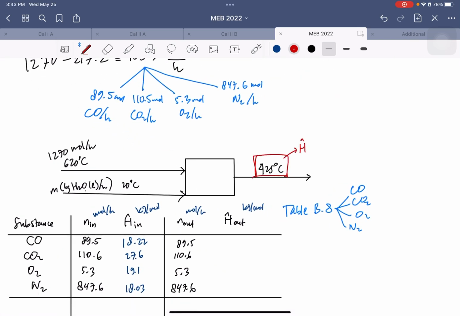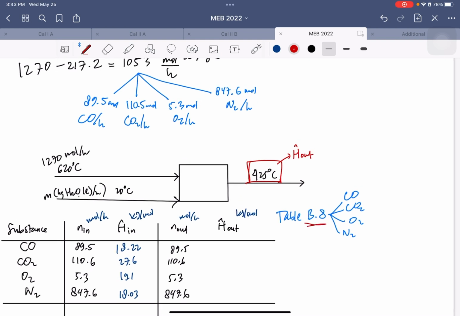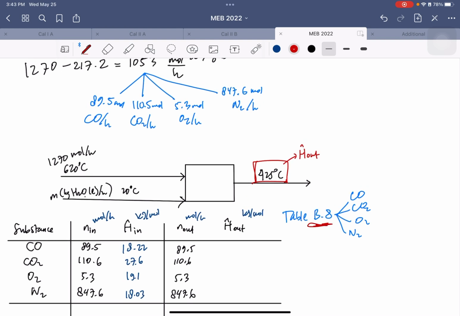This is for the specific enthalpy out. In table B8, the temperature goes from 0, 25, 100, 200, 300 until 1500. There is no 420. What you can do is make some extrapolations, and maybe approach with a linear equation, right? That will give a much more approximate number for the enthalpy.